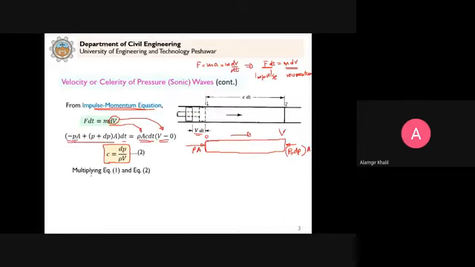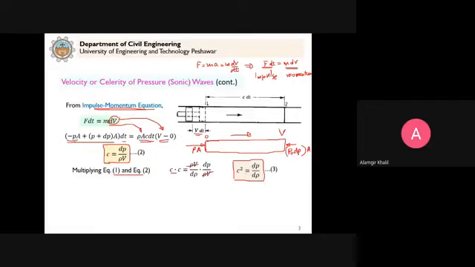Multiplying equation 1 with equation 2, what we get is C into C equals rho V by d rho into dP by rho V. Now you can see that rho V and rho V cancel out, and we are left with C square is equal to dP by d rho. C square is equal to dP by d rho, the change in pressure divided by the change in density.